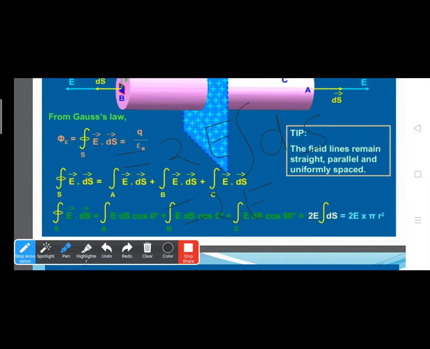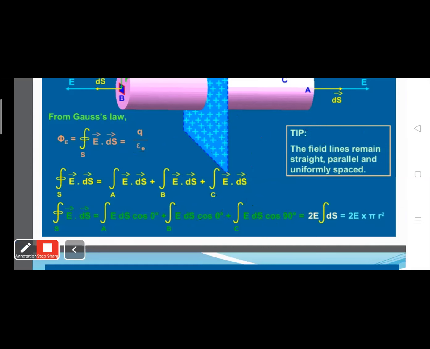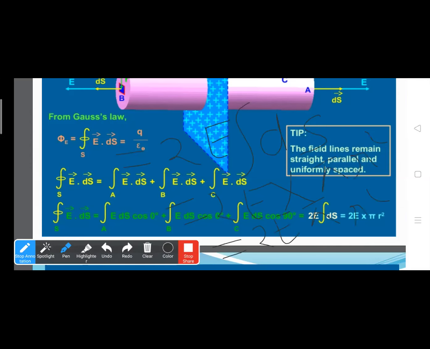We know the area of the cylindrical surface is given by pi r square. So dS is pi r square. On solving, we can write 2E pi r square. Call this equation 2.